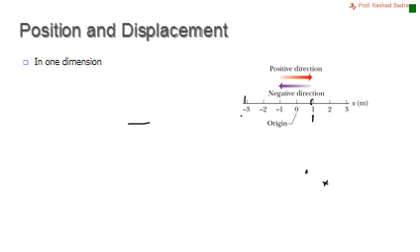In one dimension, as we explained before, the position may have a magnitude towards the positive x-axis or a magnitude towards the negative x direction.